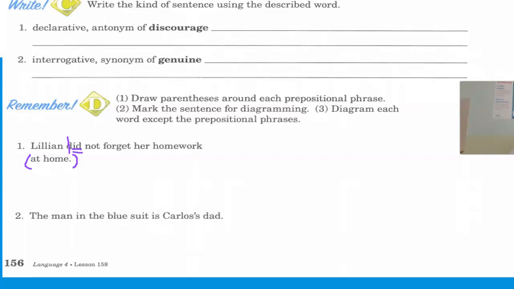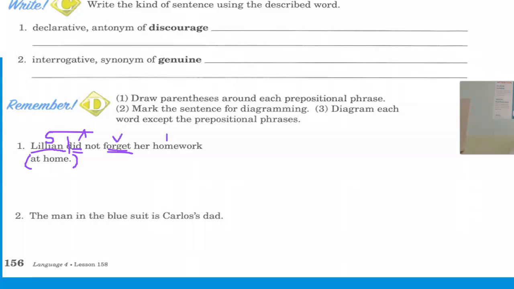Did forget. Because class, what is not? Not is an interrupter. So, whoops. Lillian is the subject. So subject, did forget is what kind of verb? It would be an action verb. Lillian did forget what?